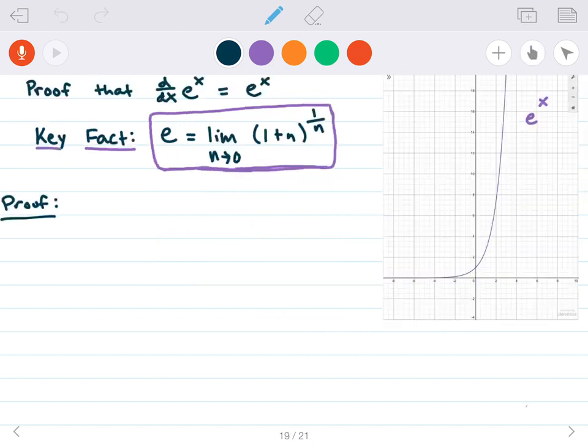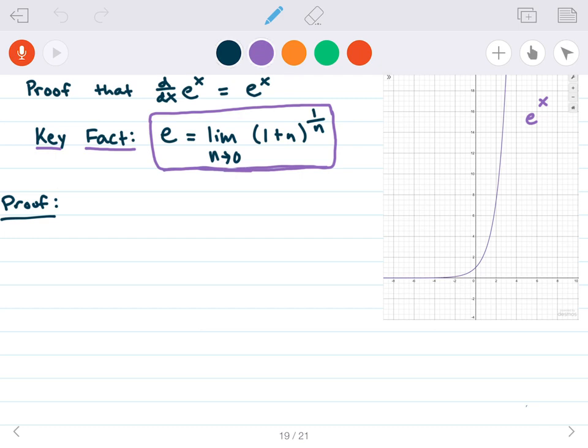And so the first thing we need to do is prove that the derivative of e to the x is in fact e to the x. And again, you can skip through this video if you're not interested in this, but I think it's an interesting proof, and it's a super useful idea in calculus that e to the x is equal to its derivative. And so what does that mean?